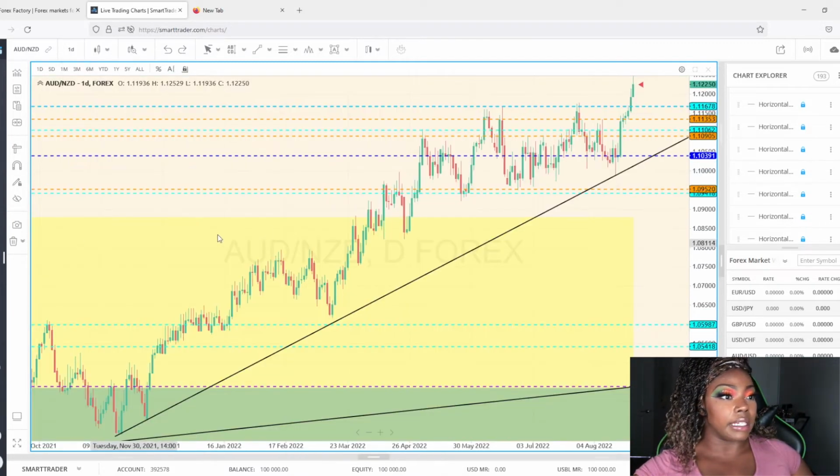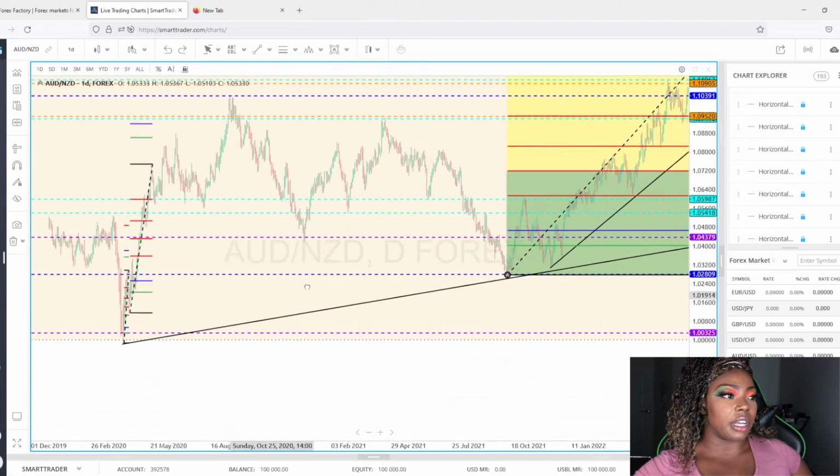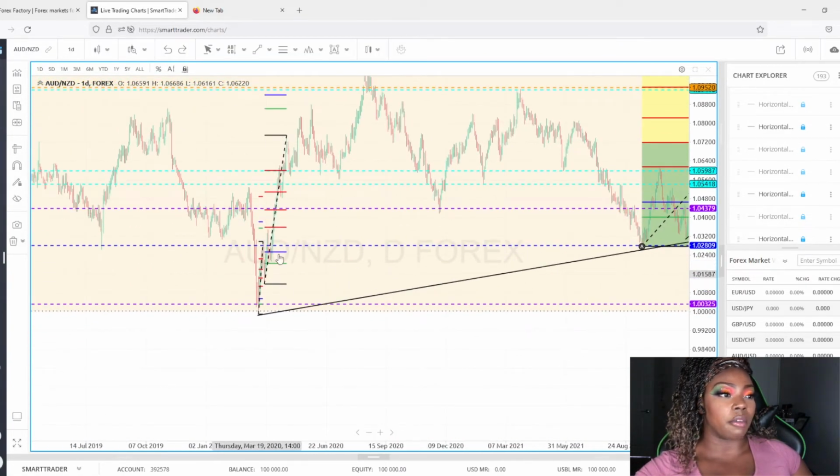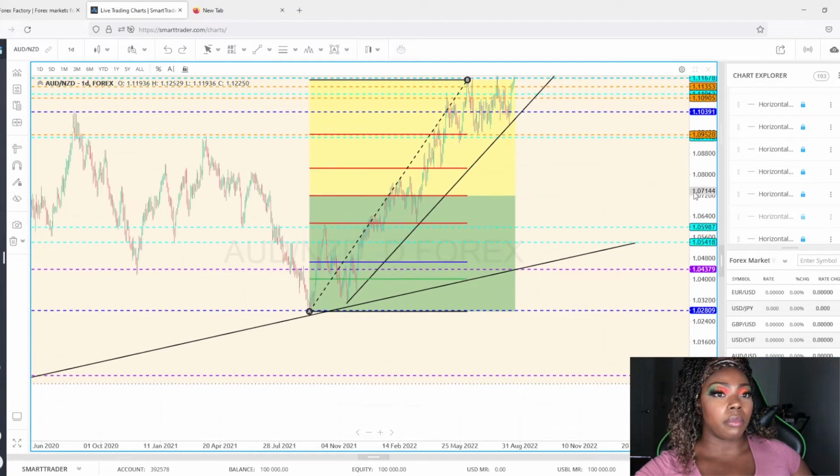Now on the daily time frame, we're going to go ahead and do our fib from that same level, and you see I didn't have to redraw that fib, it automatically redid it for the daily time frame.